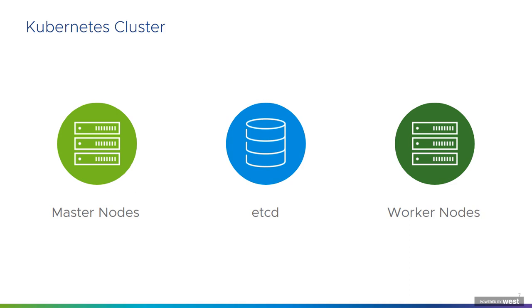There's the etcd database that is maintaining the state of the cluster, and there are worker nodes where your actual applications are running as pods. And so how does one approach backing up the state of this cluster? That is the question that Velero is here to answer. So at this point, I'll turn this over to Steve, and he will take you through how Velero addresses this.